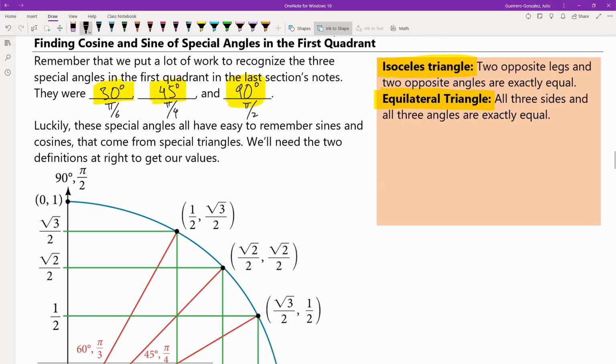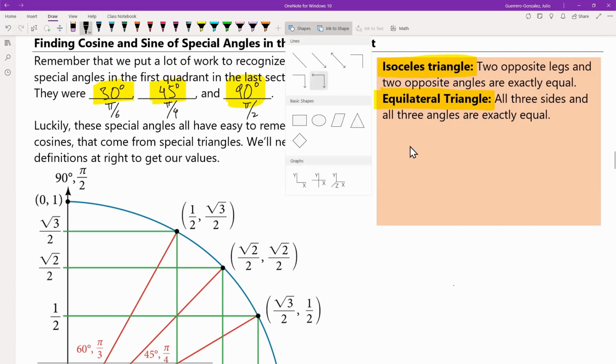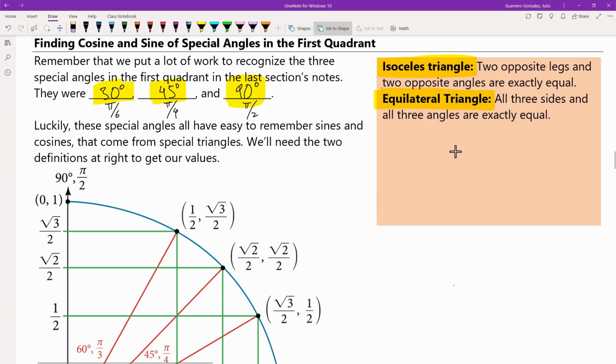Let's go to shapes. Just grab a triangle. There we go. Why doesn't it want to grab it now? Come on. Do it again. Okay, there we go.